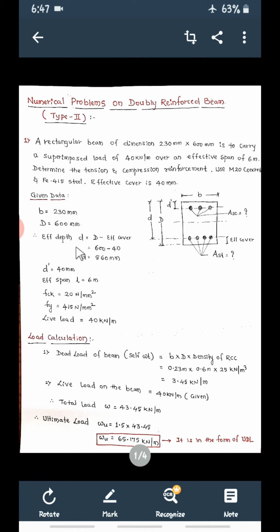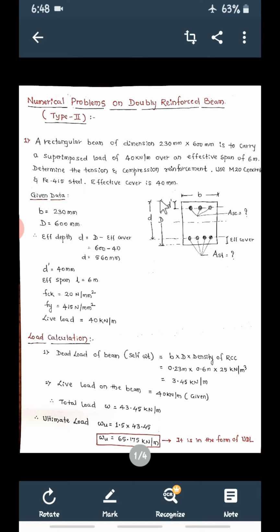In turn, since load is given, we can calculate the moment. Here the overall depth of the beam, capital D, is given, and it is mentioned that effective cover is 40 mm. Here also D dash is 40 mm, and at the bottom steel also it is 40 mm.